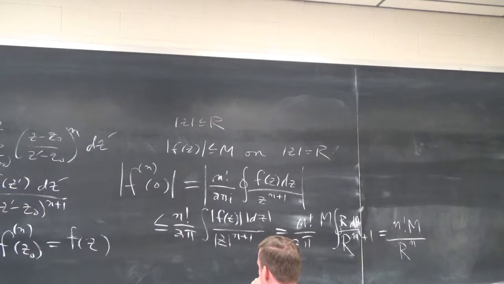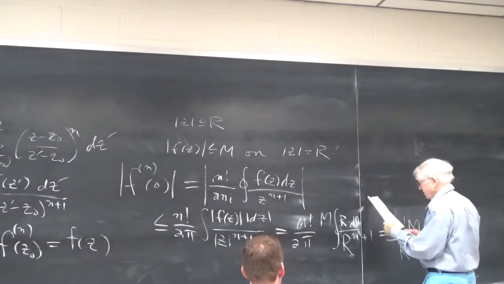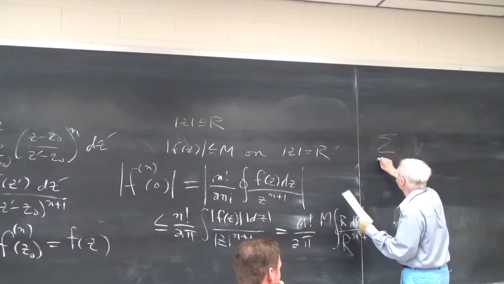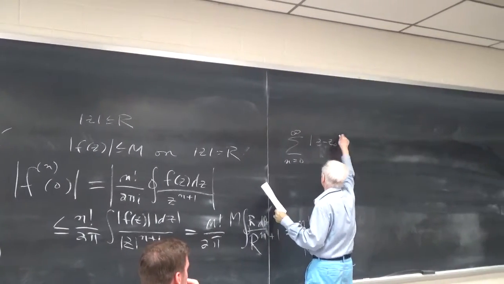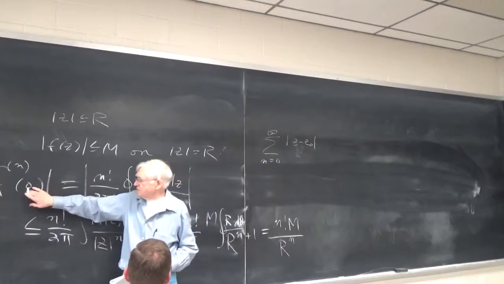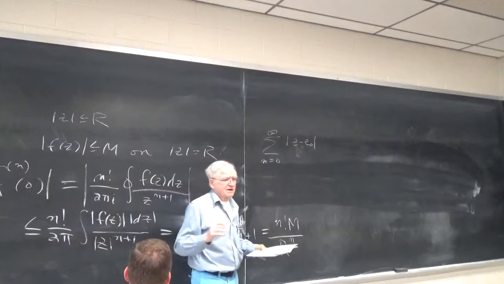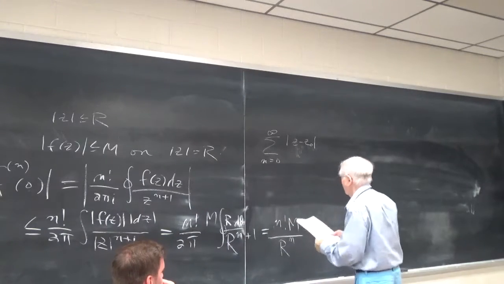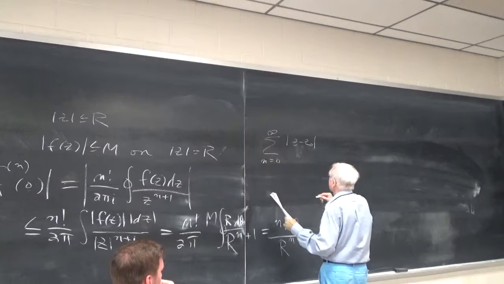So we can now take this bound and go back to this expression for the Taylor series for the function f of z. And so we have the sum n equals 0 to infinity, absolute value of, this applied to the case when z0 was the origin, but if we translate everything from the origin to z0, there's no change. You see, actually, there's a typo there.